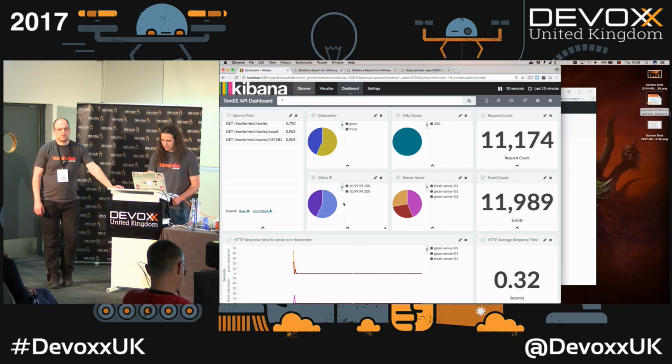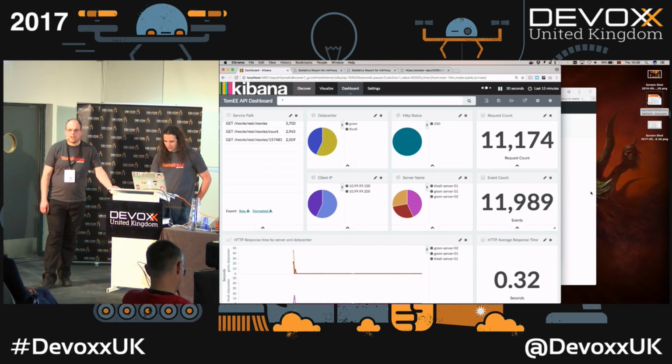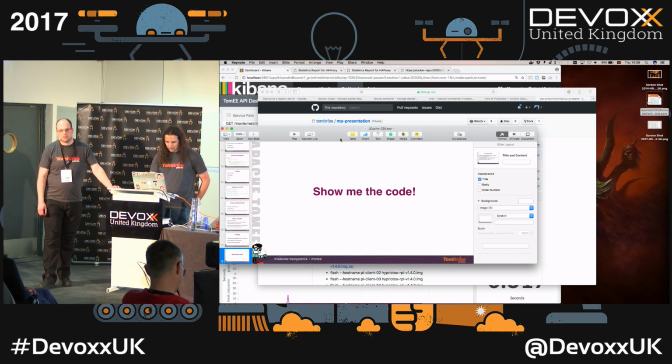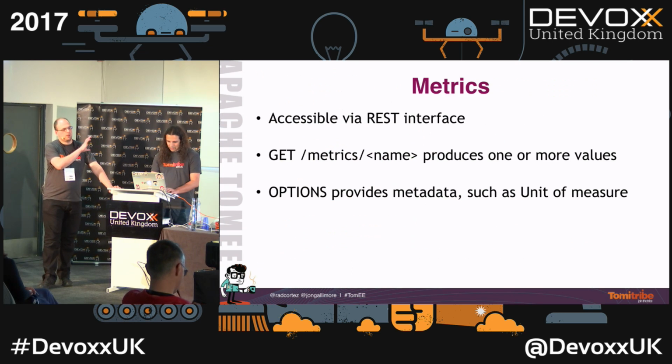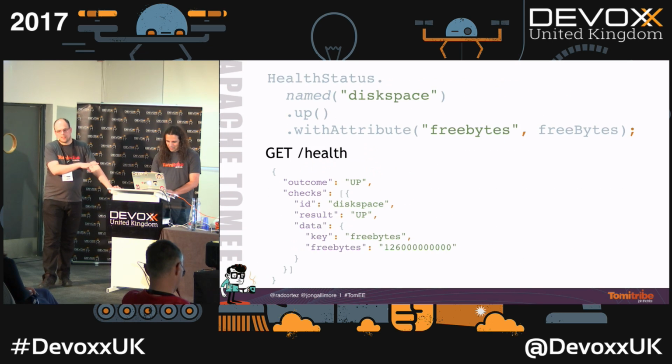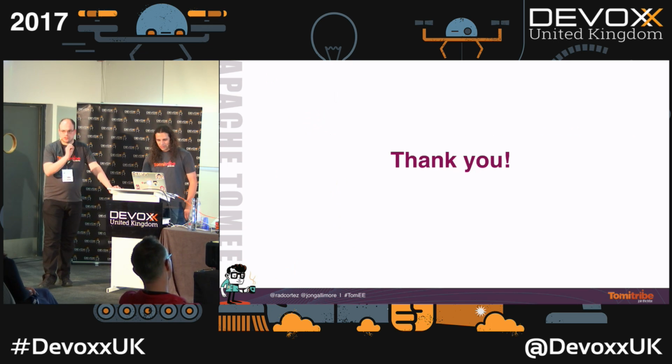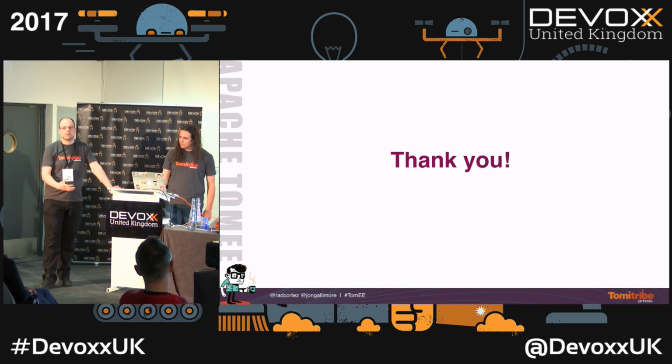One of the things I just wanted to mention is that in MicroProfile there is a proposal being discussed on the mailing list, and there's a pull request for it in the GitHub repository, around providing metrics. What we've shown here is what we at TomEE have been doing inside TomEE, which is very much push-based. As events happen inside the server, we push them through to Elasticsearch.